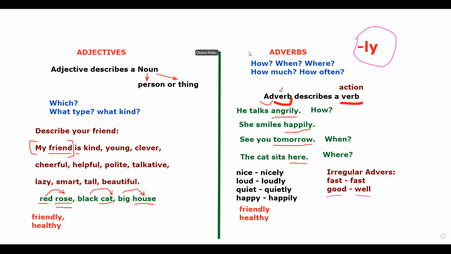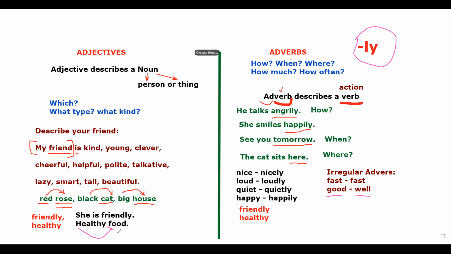Let's put them in a sentence. She is friendly. My dog is friendly. And he is eating healthy food. So these two sentences show you the adjective.